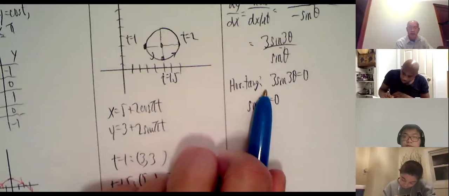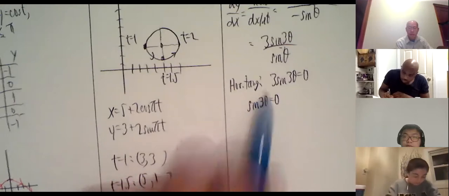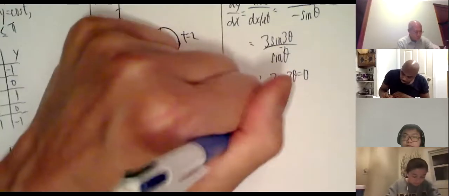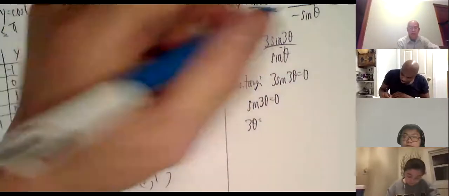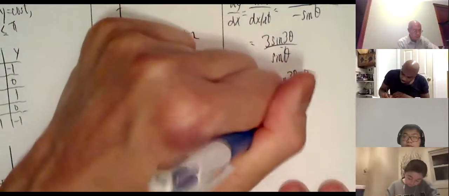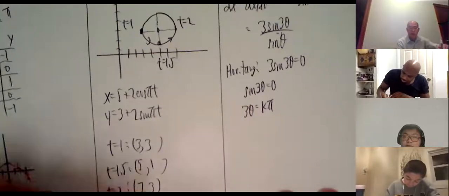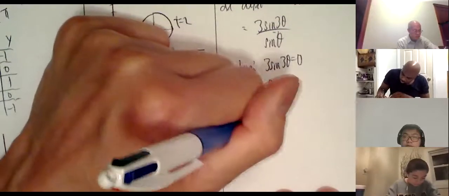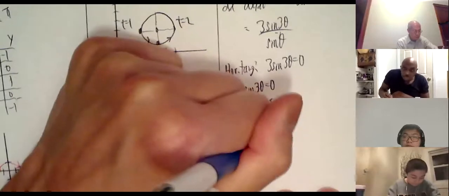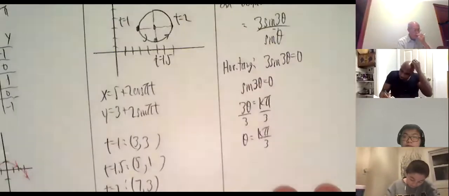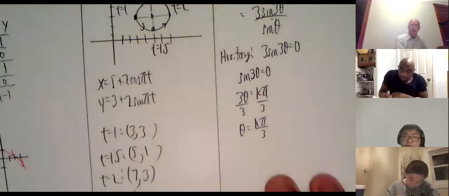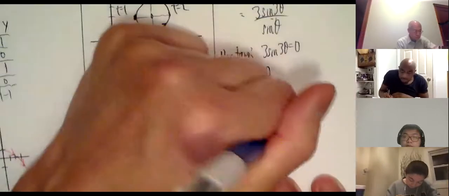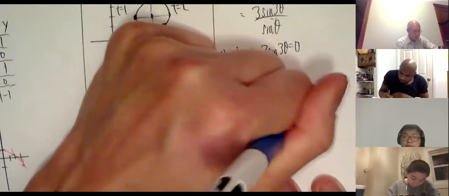So if I just look at sine of what equals 0, 3 theta is a multiple of pi, k pi, where k is an integer. Divide by 3, so theta is k pi over 3, where k is an integer.